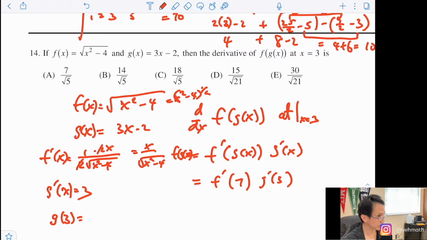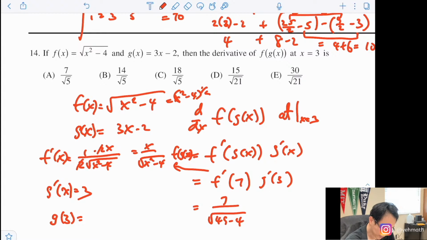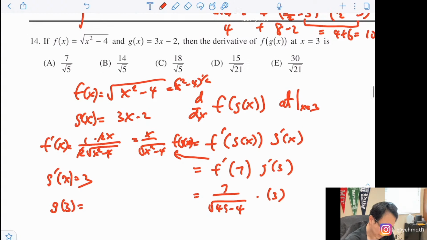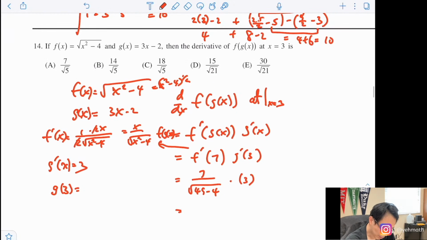Are we okay here? Now we're going to plug in 7 here. So it'll be 7 over square root of 49 minus 4, since 7 times 7 is 49, times g prime of 3, which is 3, which is equal to 7 over square root of 45 times 3.